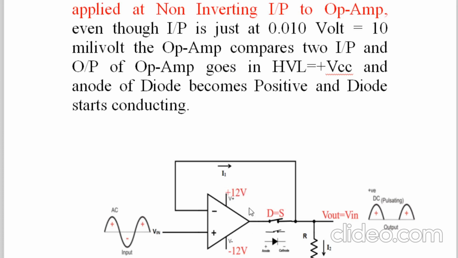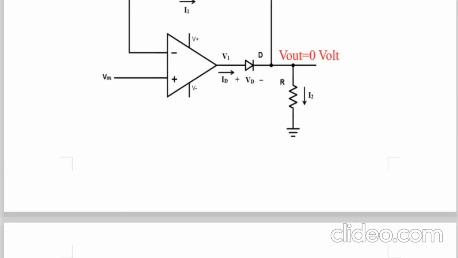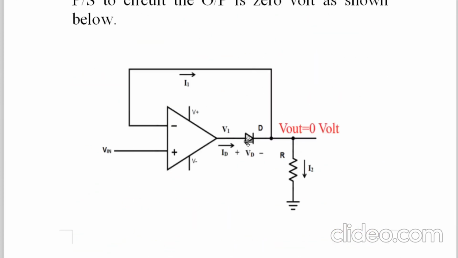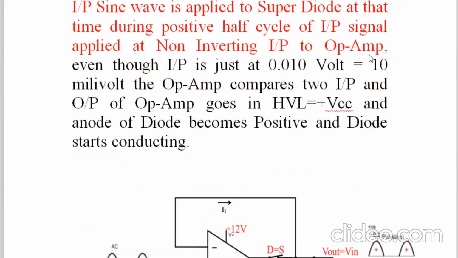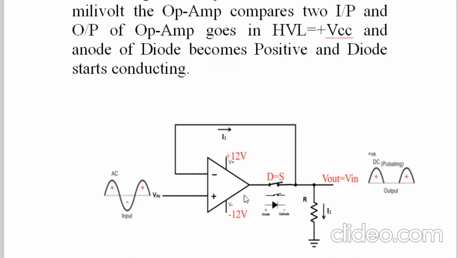As soon as the output of the op-amp goes to plus 12 volt, since we have connected a diode at the output of the op-amp, the combination of op-amp and diode is called a super diode. So this plus 12 volt gets applied to the anode of the diode, the anode becomes positive and the diode starts conducting.